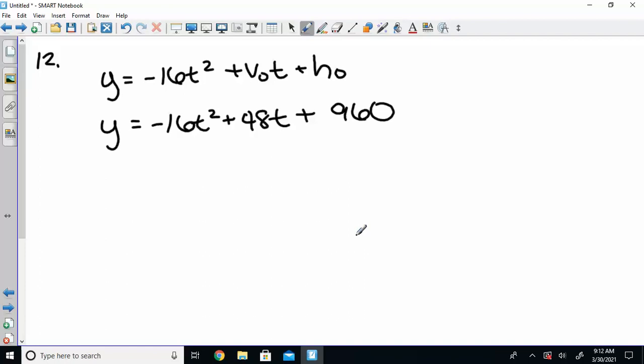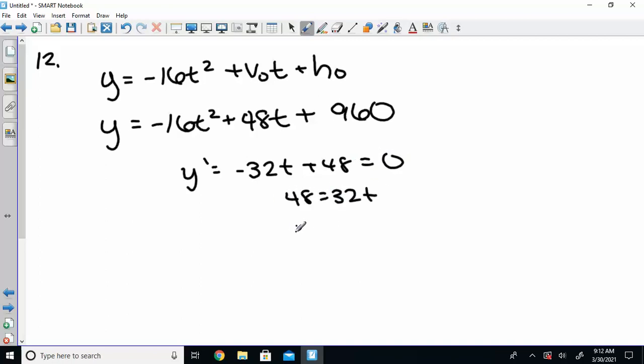How high will it go? So I want the maximum height. What do you have to do? Derivative equal to 0. So t is 3/2. That's the time when it reaches its maximum.